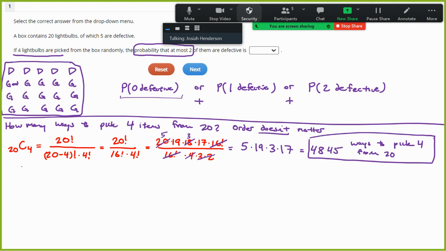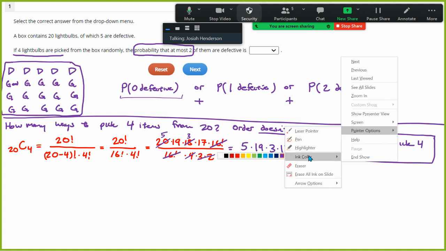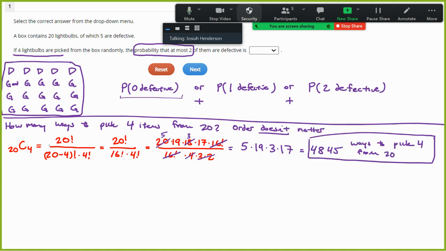So below my red, let's start this in a different color so it's a little bit distinguishable. Let's try green. So now I want to figure out what is the probability of picking 4 items and having 0 of them defective.